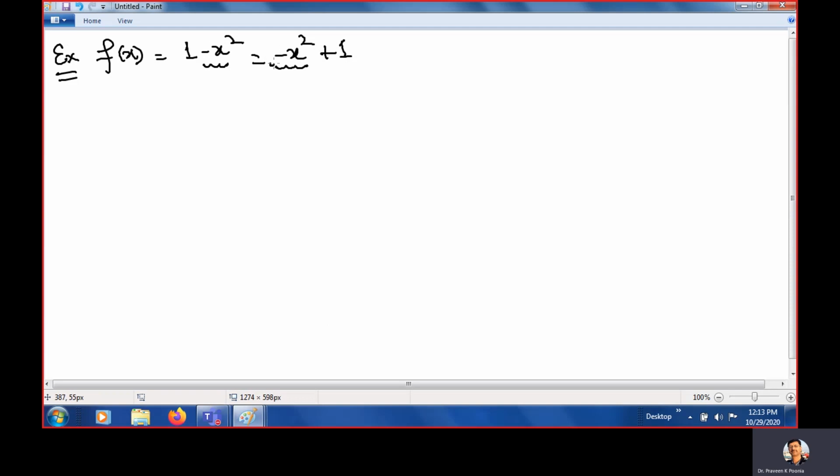So this value is negative, so it will be a downward parabola. First you need to identify what type of parabola it is. Downward parabola. It will be in this shape. Clear?